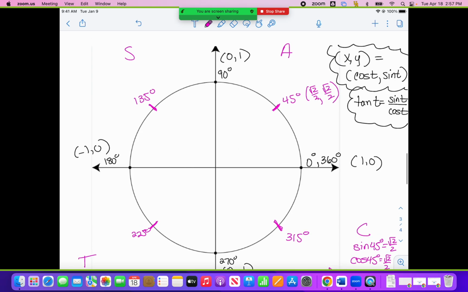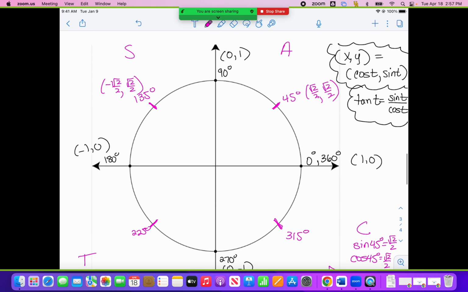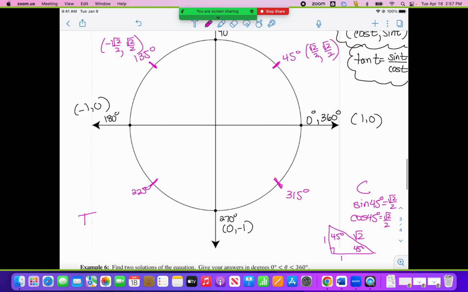In the second quadrant, my cosine is negative and my sine is positive. So at 135, that's negative square root 2 over 2, comma, square root 2 over 2. In the third quadrant, cosine and sine are both negative.